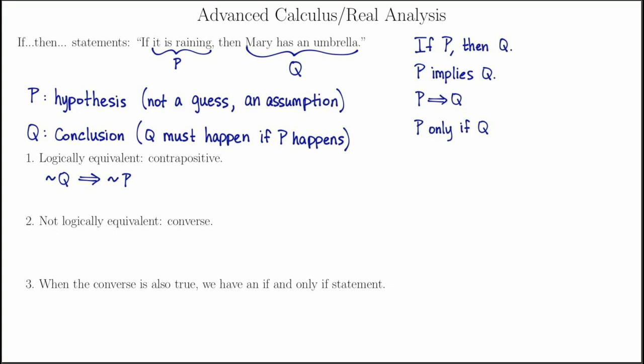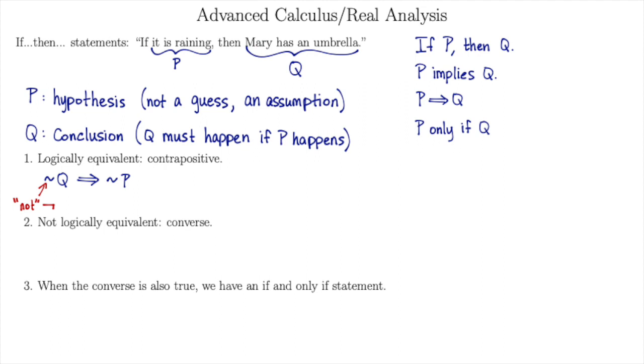And what we do to form the contrapositive is we say, if not Q, then not P. This kind of tilde symbol I'm writing here is what we would use to denote not. In other contexts, you might see more of an angular kind of bar. So not Q implies not P is logically equivalent because, again, you couldn't have Q unless you also have P.